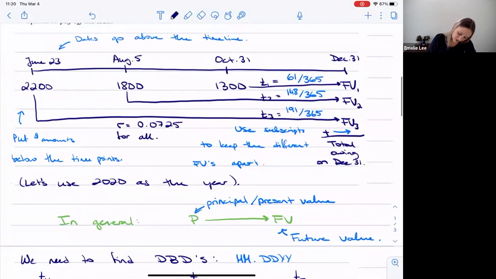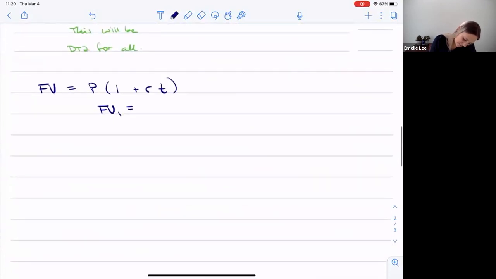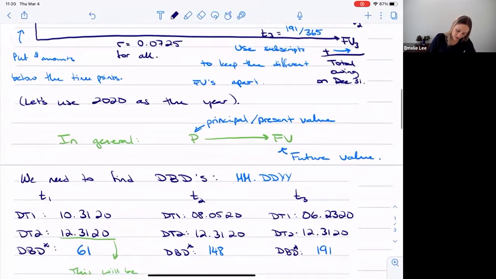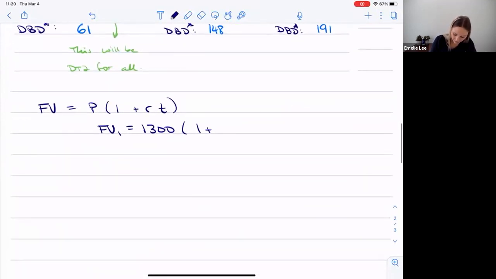So, now I scroll, 1300 is P, times 1 plus, and then R for all of these is going to be 0.0725. And then T for future value 1 is going to be 61 over 365.